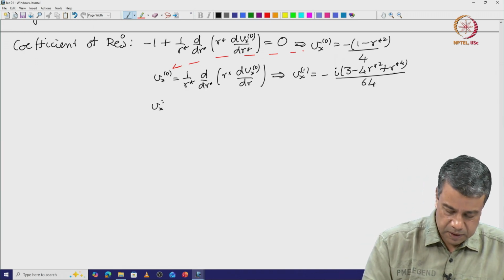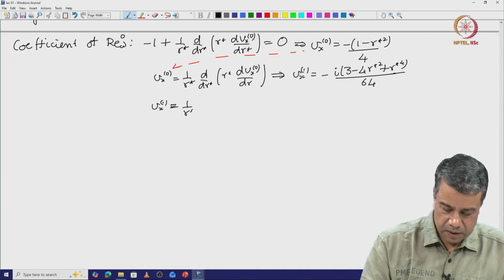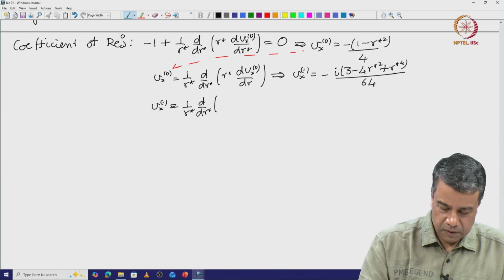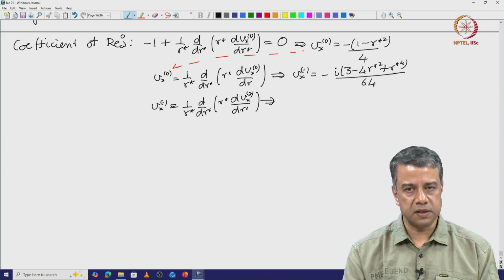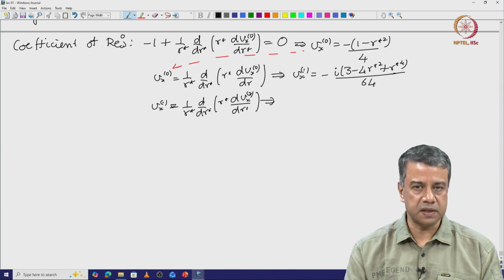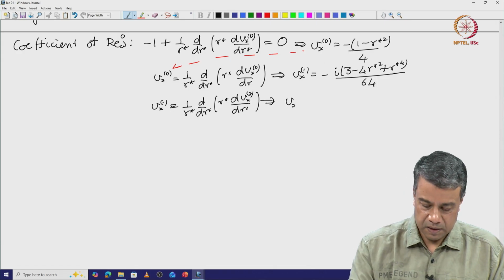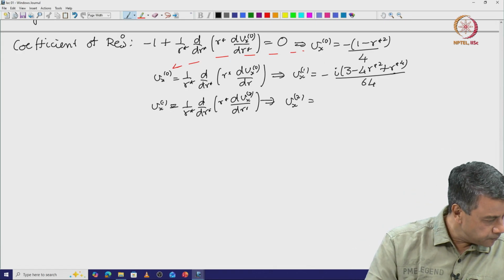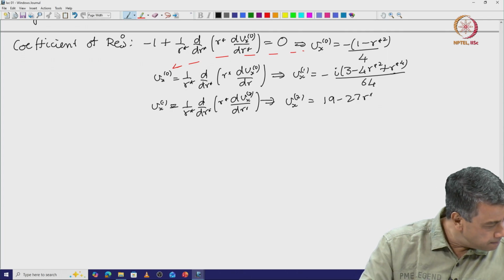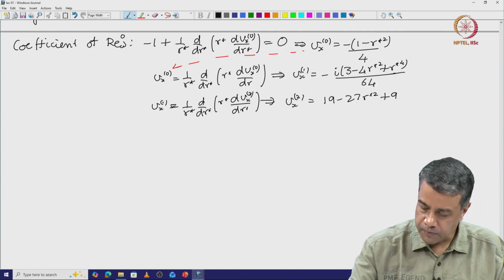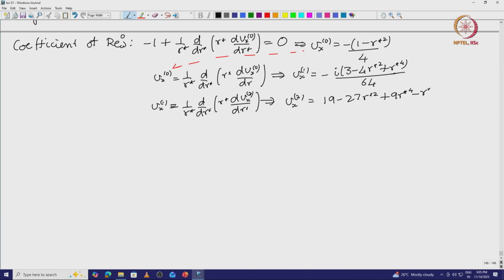Vx1 is equal to 1 by r d by dr of r dVx2 by dr, subject to boundary conditions of course: velocity is 0 at the wall and slope is 0 at the center, to get Vx2 is equal to, divided by 2304, and so on.